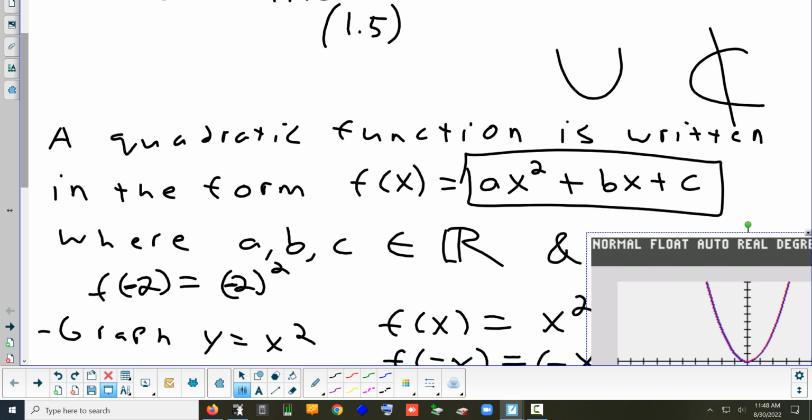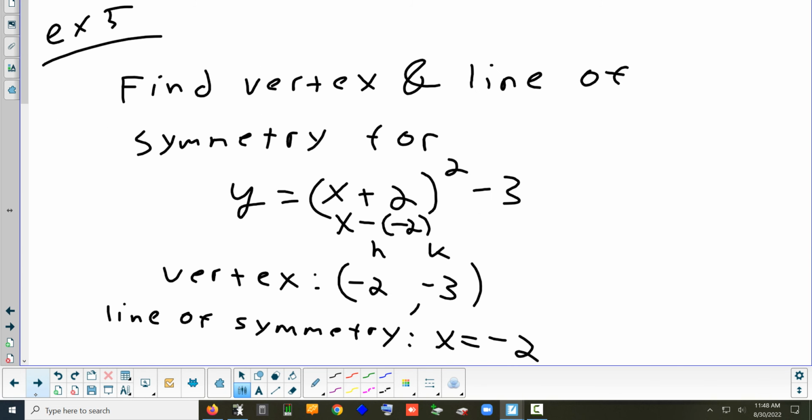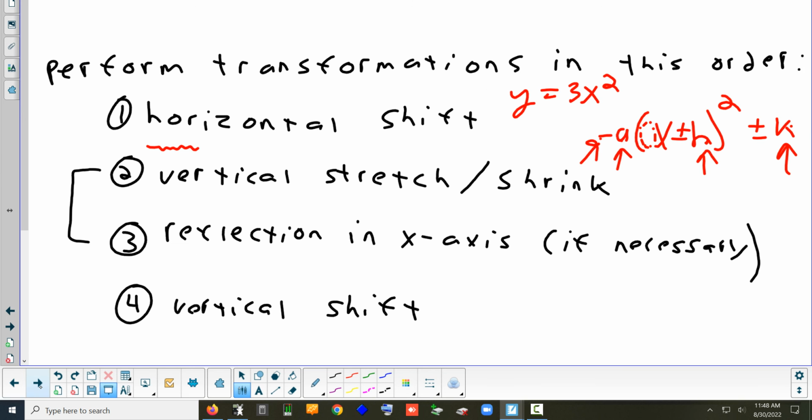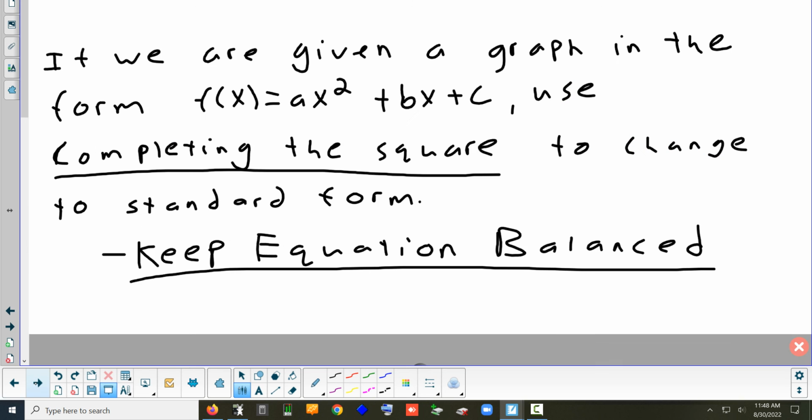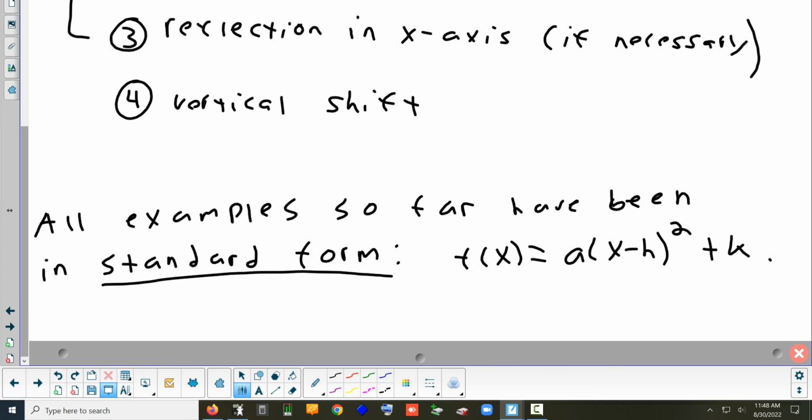If somebody FOILs it out and writes it in the form ax squared plus bx plus c, and it's not written in something like this form, it makes it very hard to figure out a, h, and k, which means you can't really figure these out. So all the problems we've had so far have been in what we call standard form. If somebody does all that out, it's going to have to be fixed back to standard form.